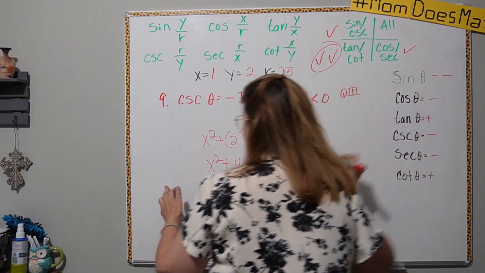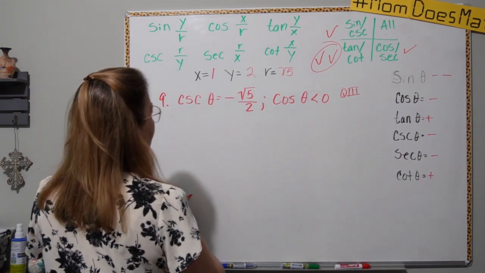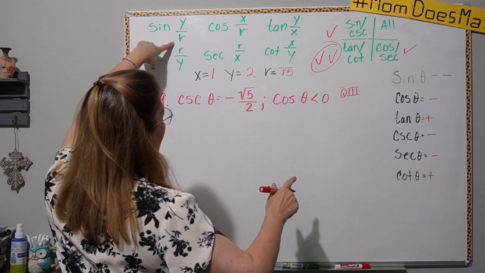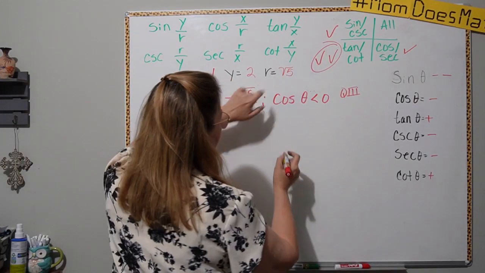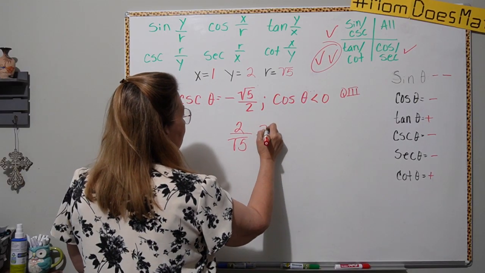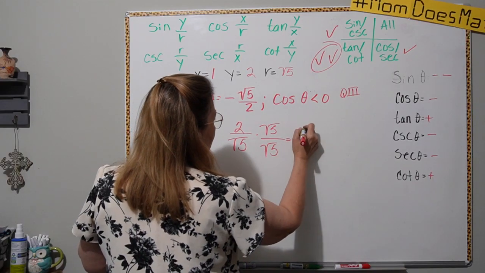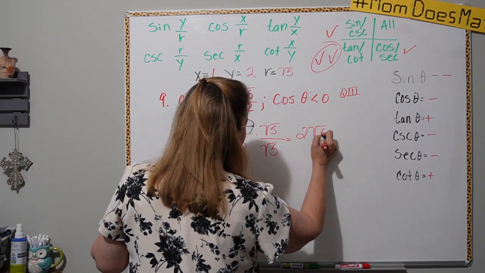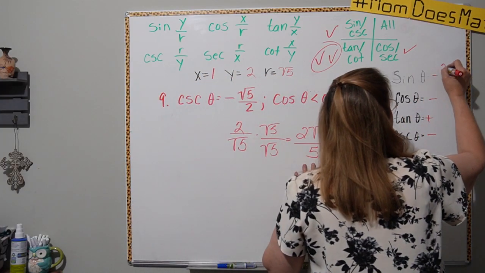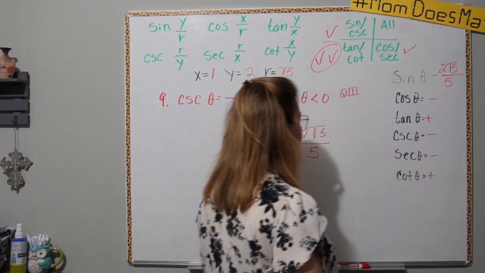For sine, we probably will have to rationalize some of these, so let me get some workspace. Sine is y over r, so that's 2 over square root of 5, and that's going to have to be rationalized. So I'm going to multiply square root of 5 over square root of 5. So I'm going to have 2 square root of 5 over 5, and it is negative: negative 2 square root of 5 over 5.